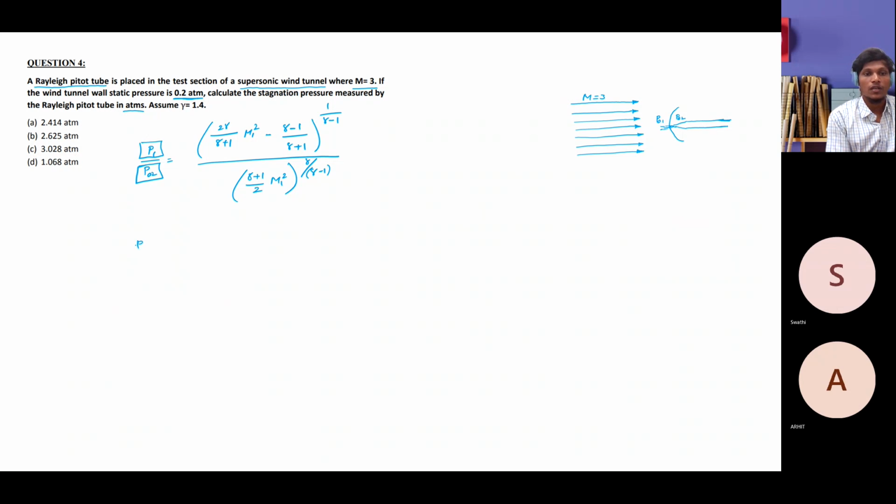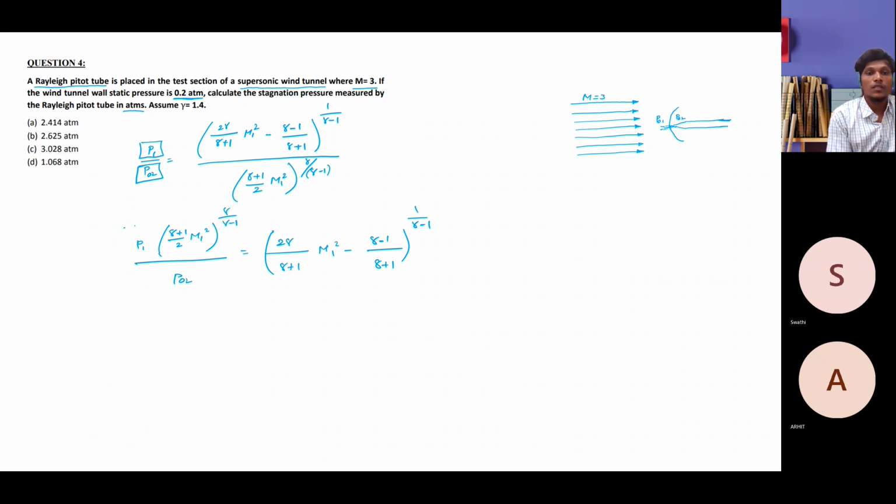Let me just reframe this. P1 times [gamma plus 1 by 2 M1 square] to the power gamma by gamma minus 1, divided by P02, is equal to [2 by gamma plus 1 M1 square minus gamma minus 1 by gamma plus 1] to the whole power 1 by gamma minus 1.